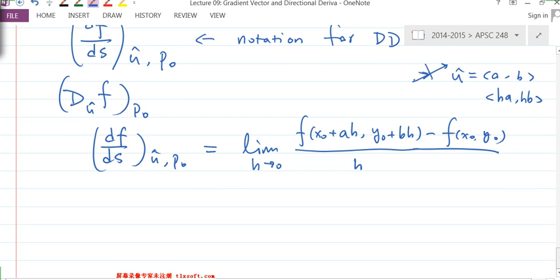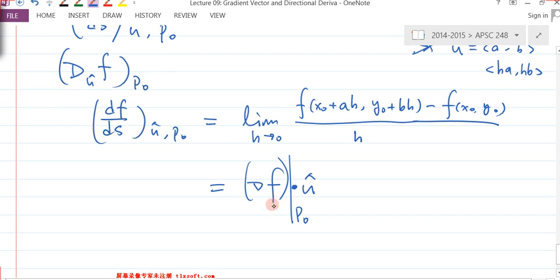Now, you're probably not going to use this definition to calculate the directional derivative. You're going to use this one here, and I'll prove it to you one day: del f dot u hat, with del f at the P naught location, since we're talking about the directional derivative at a certain location.